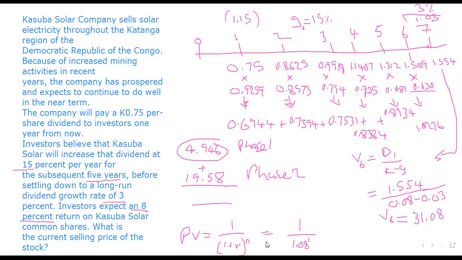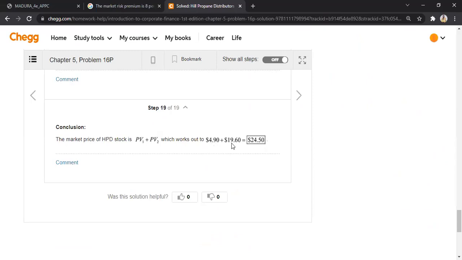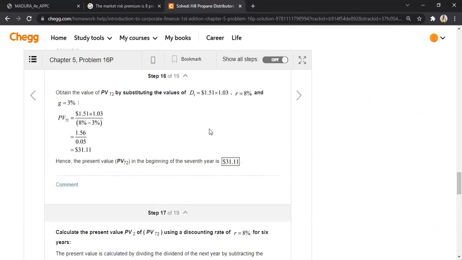So that is 24.52. This question was not easy. That's the value of stock. In the marking key, there was 24.50. It's the same thing, because of rounding off the first part and the second part.